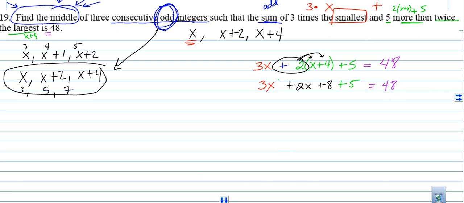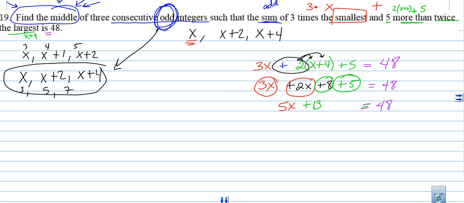Then you combine like terms. You've got 3x's and 2x's. 3x's plus 2x's is 5x's. You have 8 plus 5 is positive 13, equals 48.